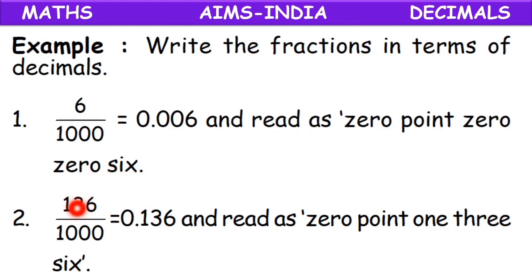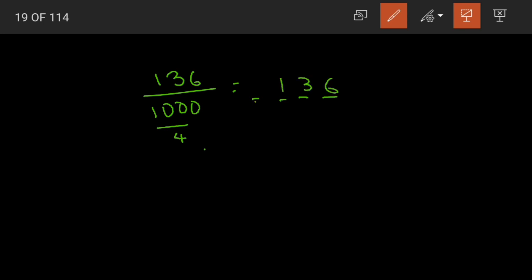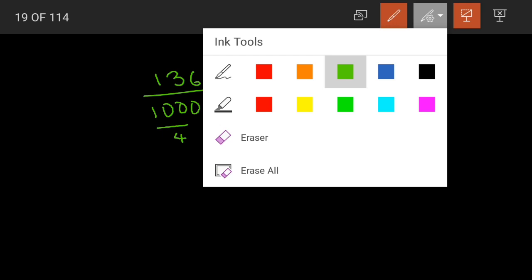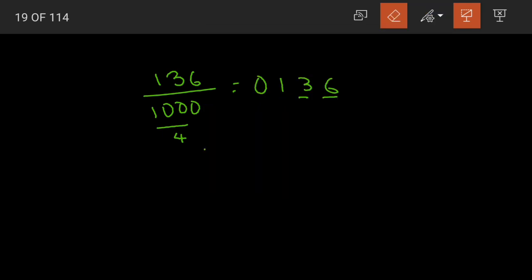Example 2, 136 divided by 1000. Again the numerator is 136, the denominator is 1000. How will we write it in the decimal form, children? If you look, the denominator is having 4 digits, but the numerator is having only 3 digits. So first we write it as it is, and for the fourth digit here we will place a 0 to the left side of the given whole number. Now our number is 0136.